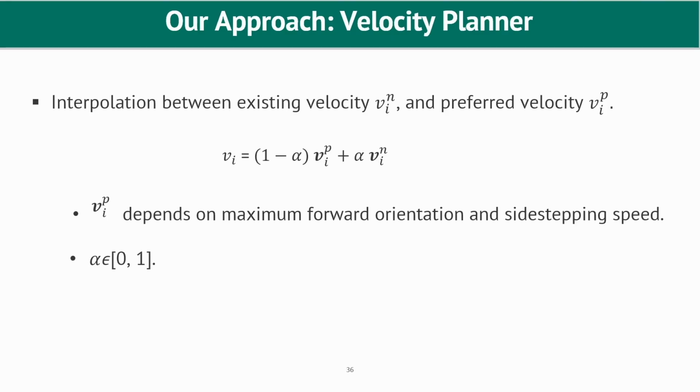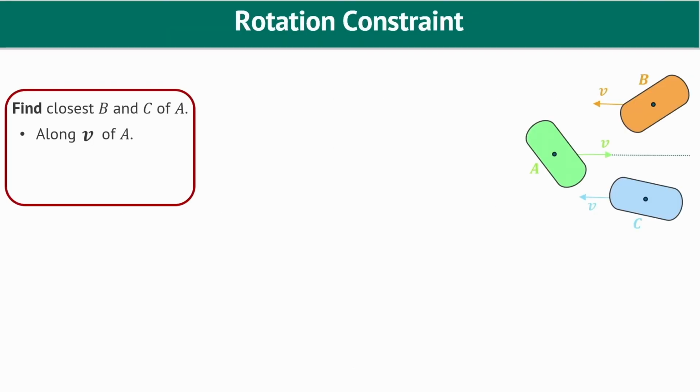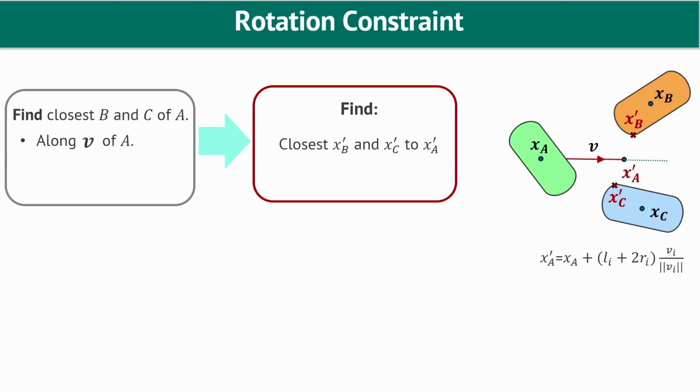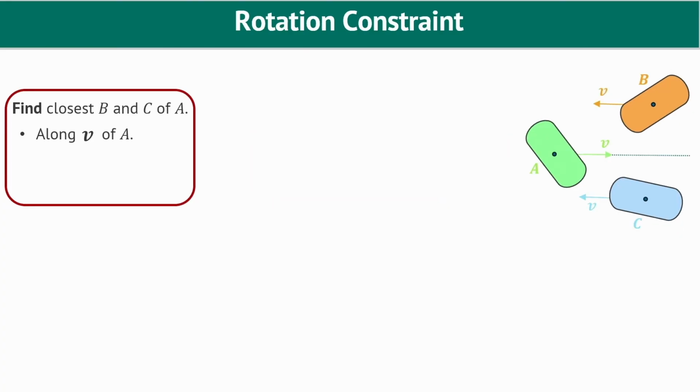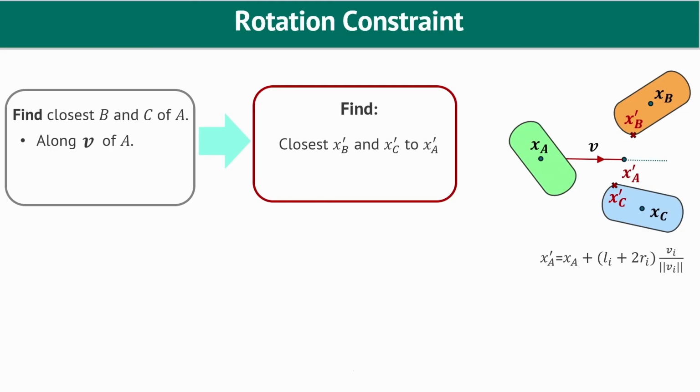Now I'll discuss some of the novel constraints that we have proposed for capsule-shaped geometry. The first one is the rotation constraint. Suppose capsule A needs to pass between capsule B and C, and there is a very narrow space between them. To check whether such navigation is possible, we first calculate the nearest agents B and C for capsule A. Then, in capsules B and C, we find the closest contact points.